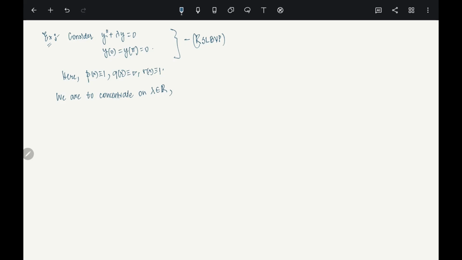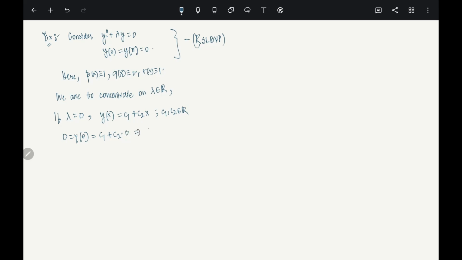Okay, so first of all, what can be the cases? The first case is that lambda is 0, or lambda can be non-zero, positive or negative, right? So first of all, if lambda is 0, what happens to this equation? y double prime equals 0, and the general solution y of x will look like c1 plus c2 x, where c1, c2 are in R. Okay, and it has to satisfy these two conditions. 0 equals y at the point 0, that is nothing but c1 plus c2 times 0.